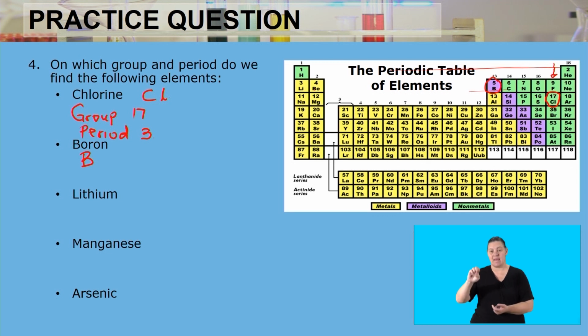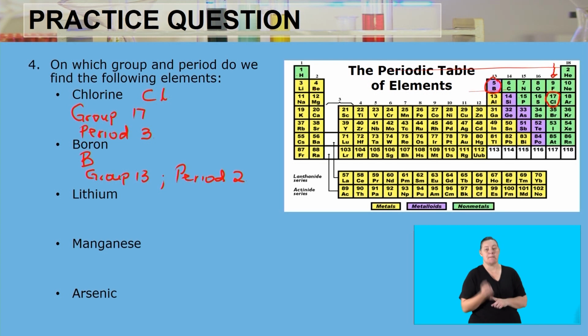It's in period 1, 2, and when you count from here all the way to where we find our boron, it is group 13. So B is group 13 and period 2. That's where you find our element boron.